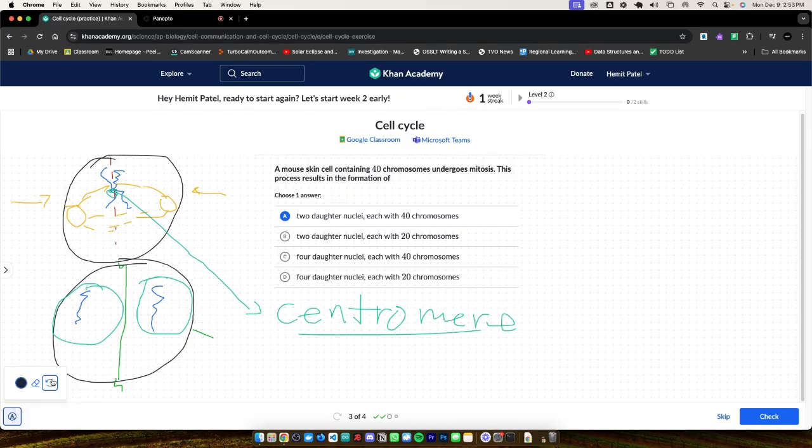Two new daughter cells are created, this being one of them, and then this being another one.